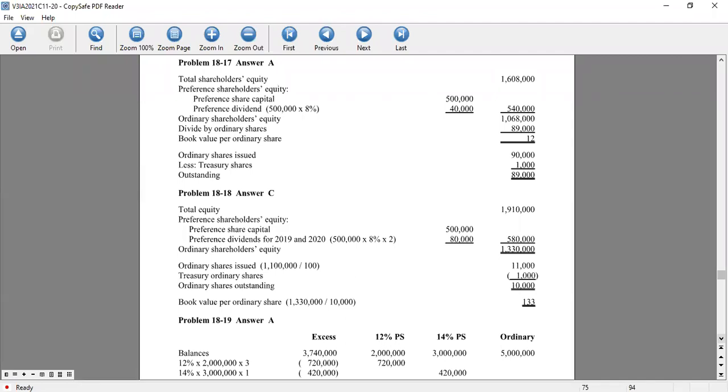That's 89,000. The book value per ordinary share is 12. Now the ordinary share capital of 90,000 with a par of 10. So that means the entity reported the shareholders equity at year end for the ordinary share capital of 900,000 divided by 10 per share, or 90,000 shares, minus the treasury shares of 1,000.